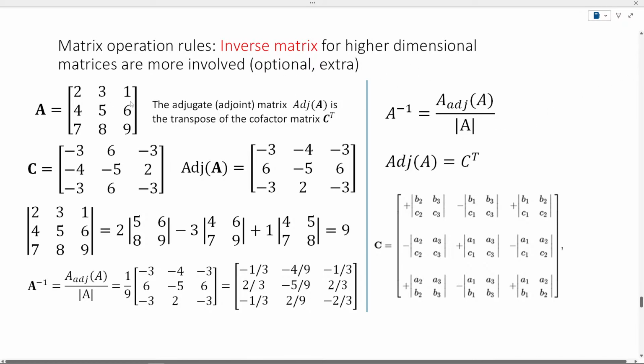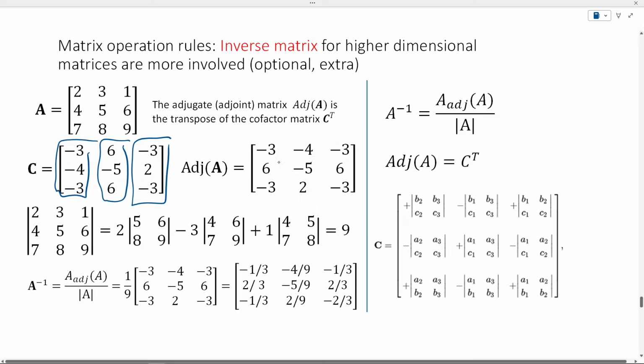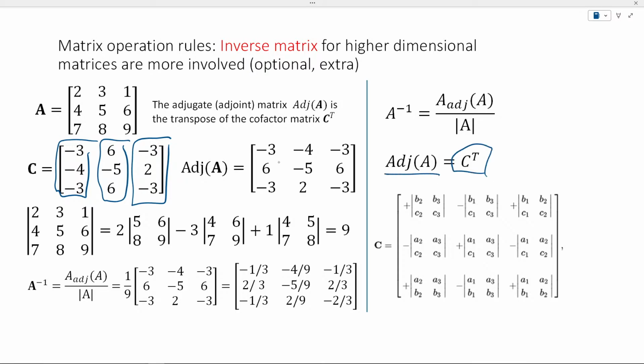So this is the matrix A. This is a cofactor matrix C, and then you transpose this cofactor matrix. And remember, what's a matrix transpose? Matrix transpose means that this column will become this row, this column will become this row, and this column will become this row. That's the matrix transpose. So the adjoint matrix is the transpose of the cofactor matrix.